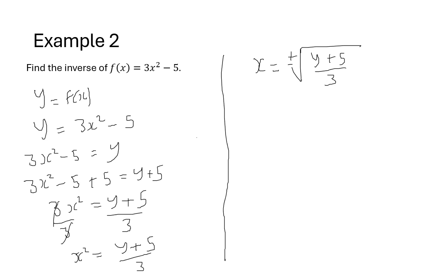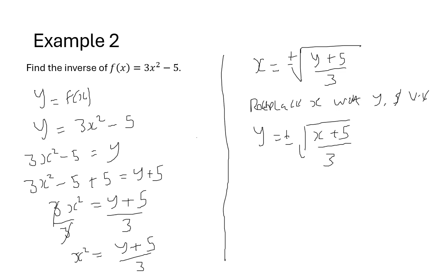Then, if you remember, the next step is to interchange: replace x with y and y with x. So we just have y equal to plus or minus the square root of x plus 5 over 3. Then you say your f inverse equals plus or minus the root of x plus 5 over 3. And that's all.